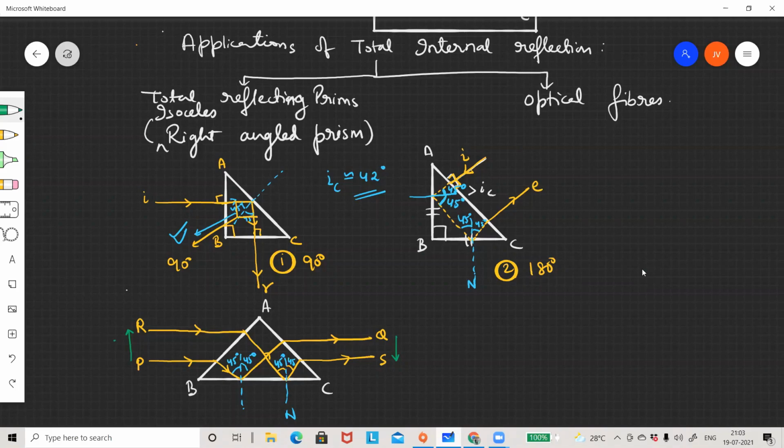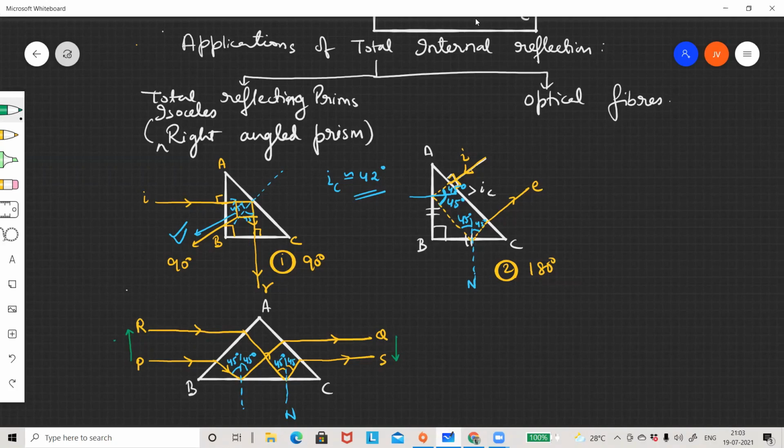With what intensity it is incident, it exits on the other end at the same intensity, same energy. In the process, the electromagnetic waves travel long distances without loss of energy. It is used, as I said, for long distance communication, or in the medical industry. So these were a few applications of this.